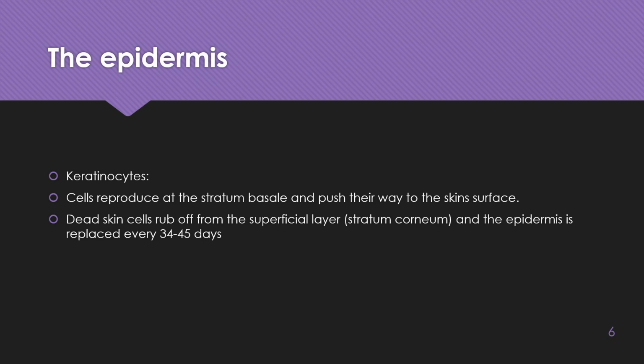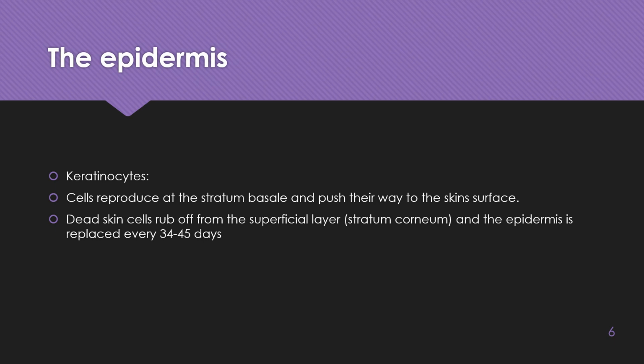So in terms of reproduction, the stratum layers of the epidermis reproduce very quickly. Our skin is one of the most active or quickly reproducing organs within the body. And basically what happens is the cells that are produced at the stratum basale, or that bottom layer, are going to push their way up to the skin surface.